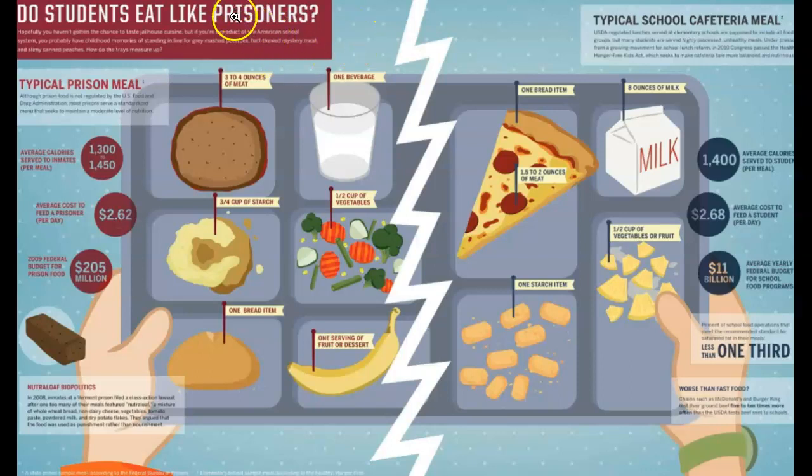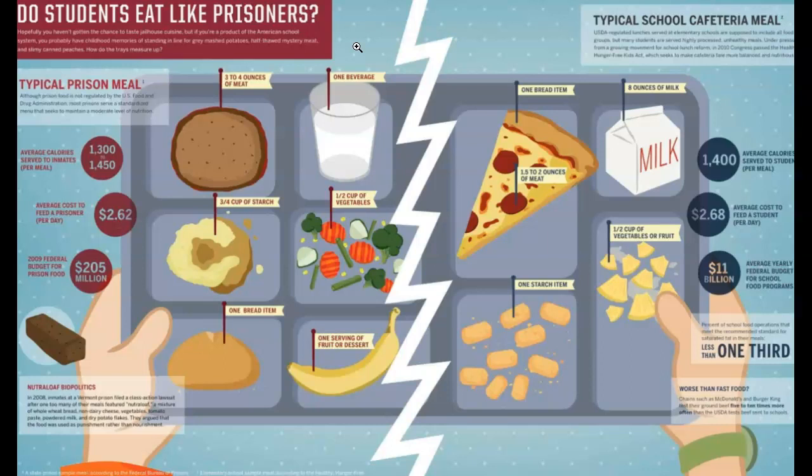And so the claim you would make for that would be they do eat like prisoners, or they don't eat like prisoners, or they eat worse than prisoners, with a qualifier, or they eat better than prisoners, which is a qualifier. So there are different ways you can make the claim, but you're making a point-blank statement that one is so.